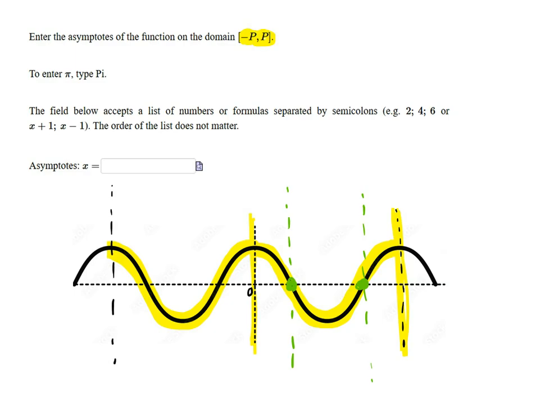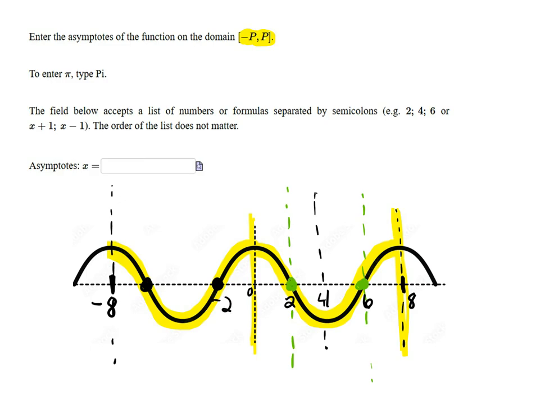Again, the black is my cosine function, and it crosses here and here. Since this is 0, this right here should be 8, and this right here should be negative 8. And then it's divided into 4 sections, so this would be 2, 4, 6, 8.